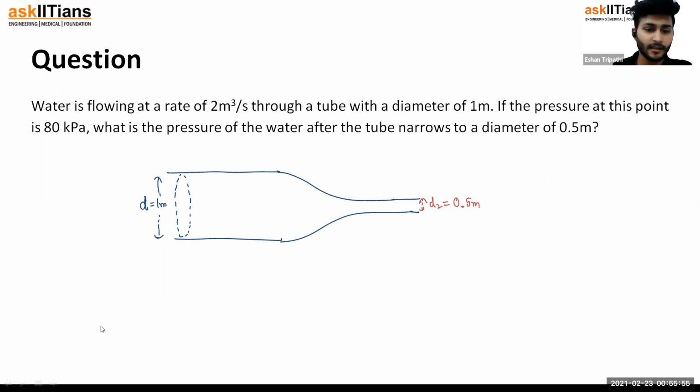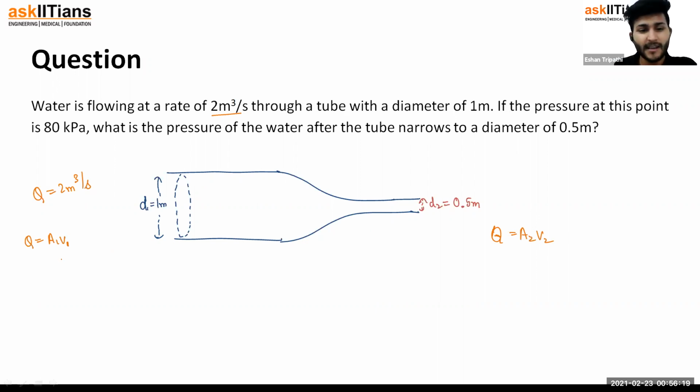Okay. What else is given? The rate of flow of water is given: 2 meter cube per second. What can we know from this? Guys, we know the diameter, so we can find velocity at both the points now, because Q is equal to A1 V1 for the left cross section, and Q is equal to A2 V2 for the cross section on the right.